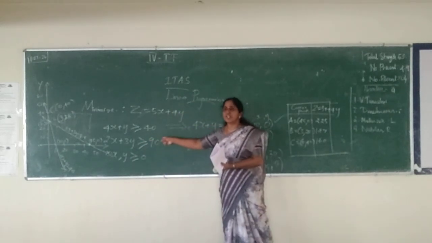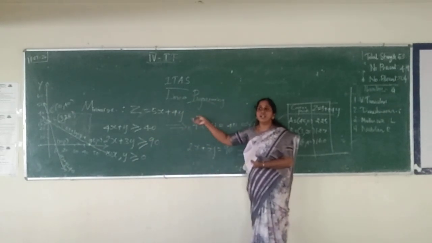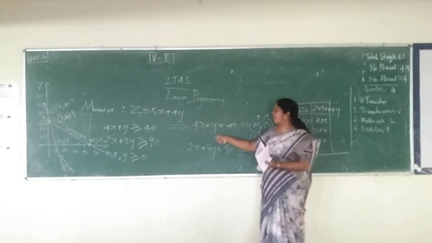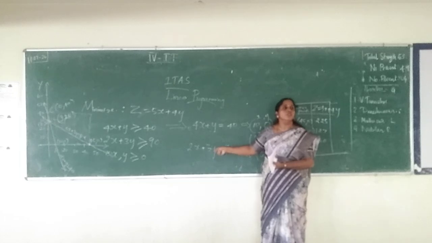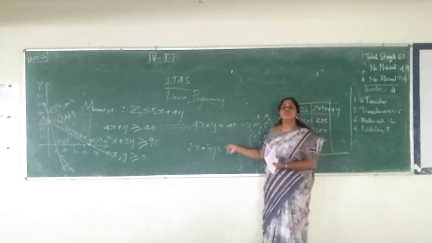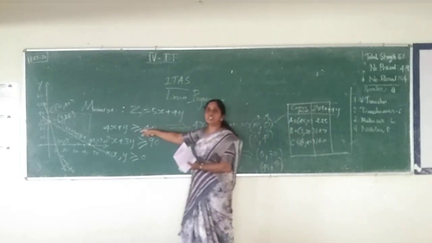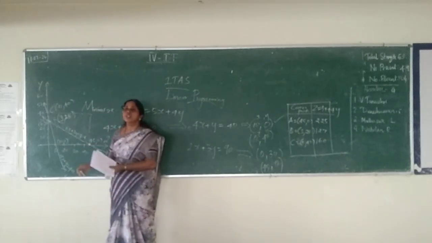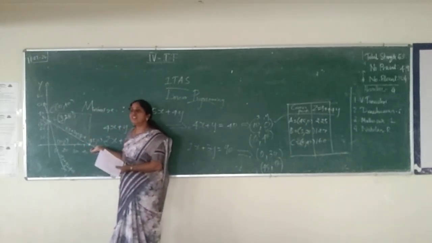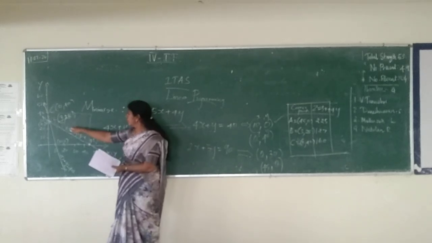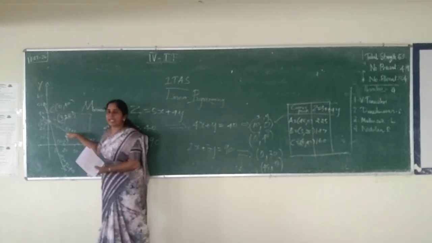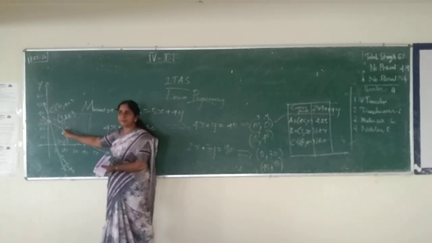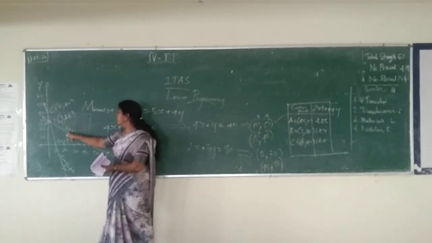So using the constraints, we can draw the graph for both equations. We have two equations given, so for both we can draw the lines in this graph. After drawing the lines, we find the points that lie above the equation line. This is the line for 2x plus 3y equal to 90.